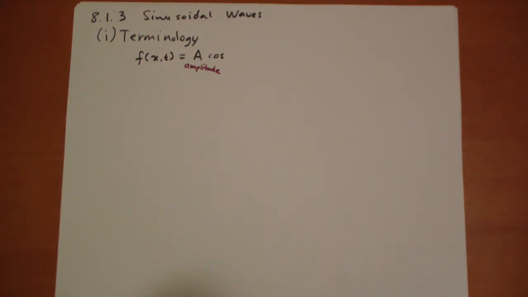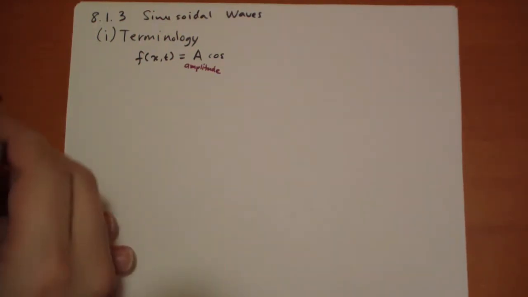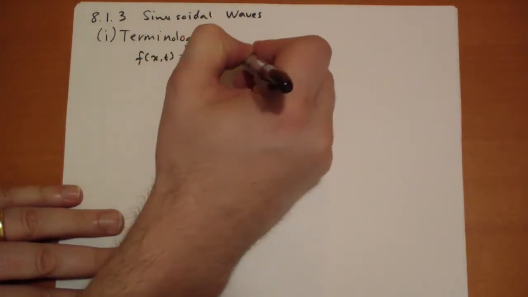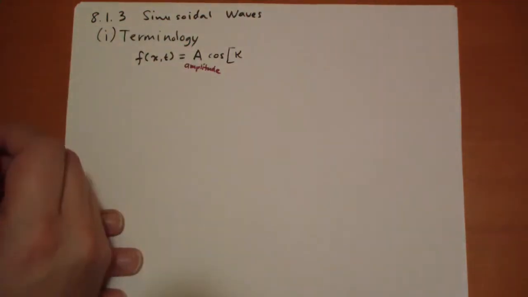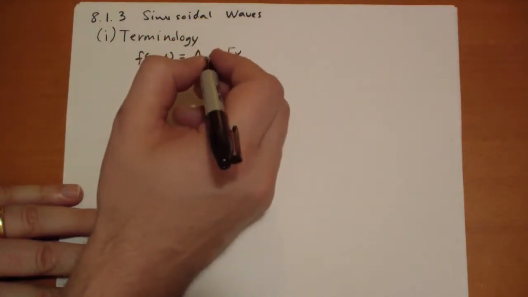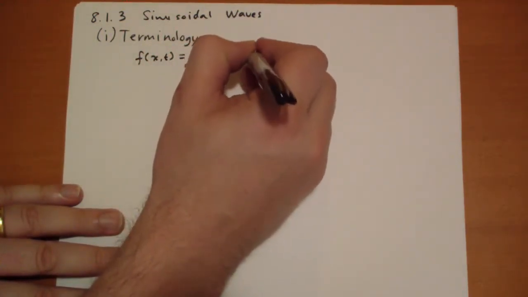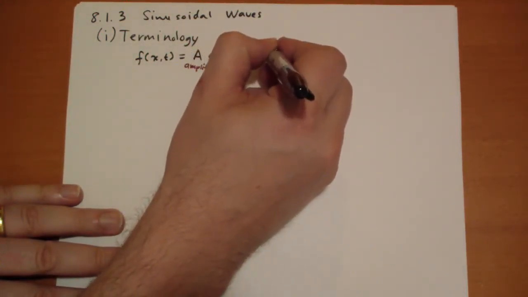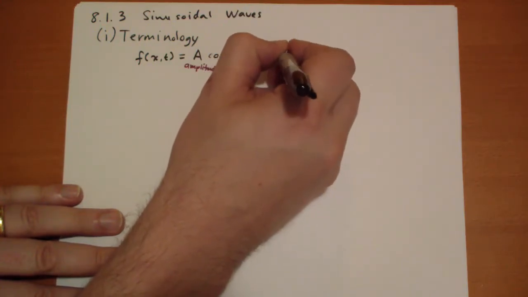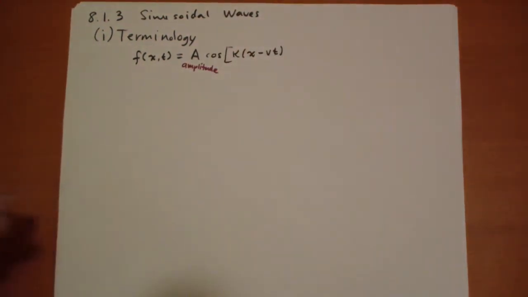And then you move off pi in any direction, that's your minimum. Sine starts off at zero and goes up, of course. So the stuff inside the cosine is going to be kappa, k, I guess you can call it k because there's no confusion here. It's not a function, it's actually multiplied by x minus vt. v is the wave velocity.